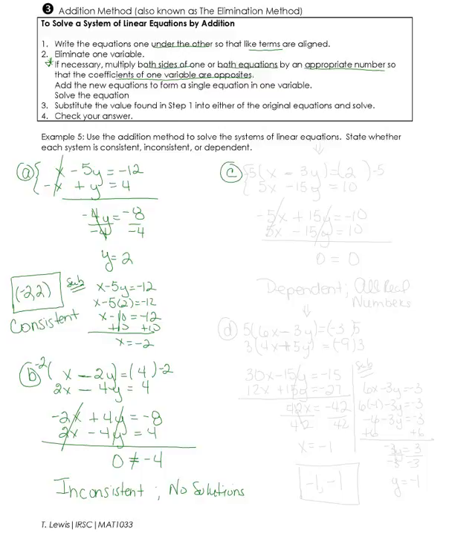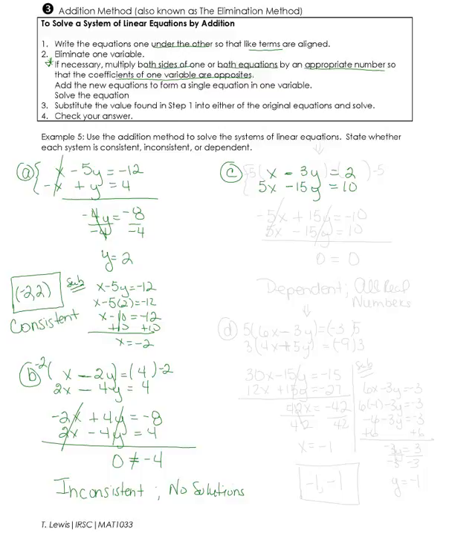In our last example, we have here x minus 3y is equal to 2, and we have 5x minus 15y is equal to 10. Alright, so we don't have any variables that will have identical coefficients.